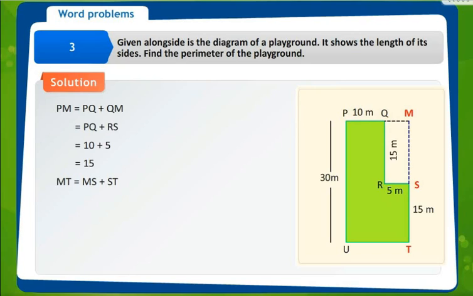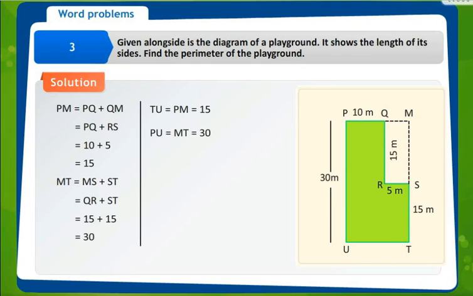MT is equal to MS plus ST. Now MS is equal to QR. So 15 plus 15 is equal to 30. So MT is 30. Now TU is equal to PM, which is 15. PU is equal to MT, which is 30.